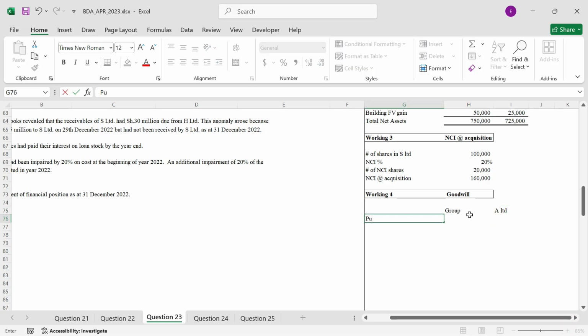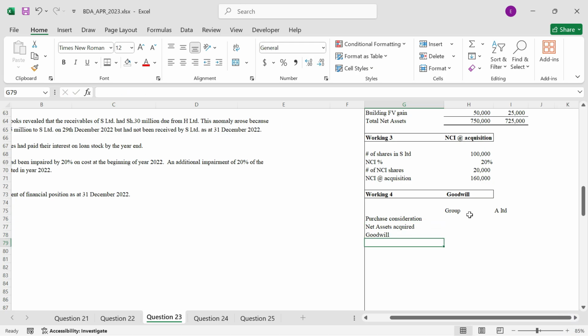This will include the purchase consideration and the net assets acquired, which should give us the goodwill, from which I should account for any goodwill impairments to arrive at the closing goodwill.